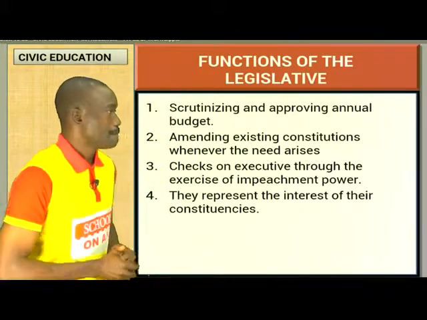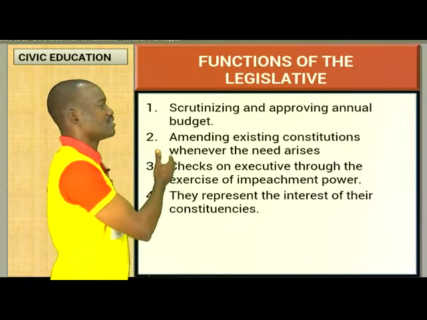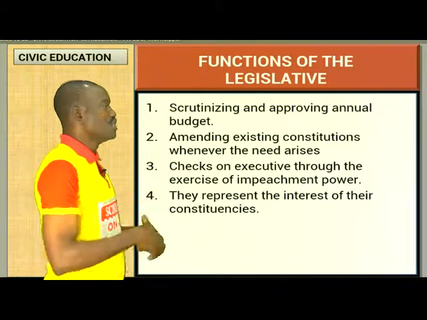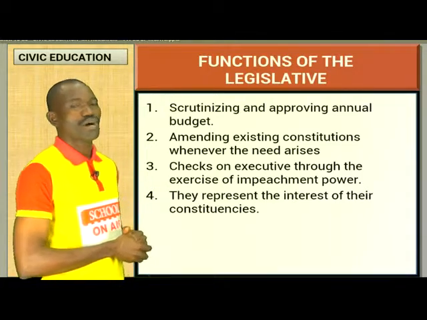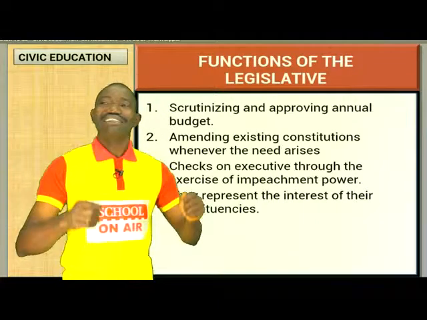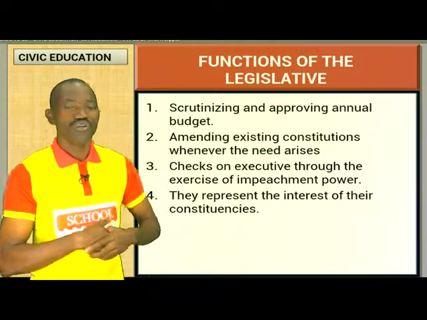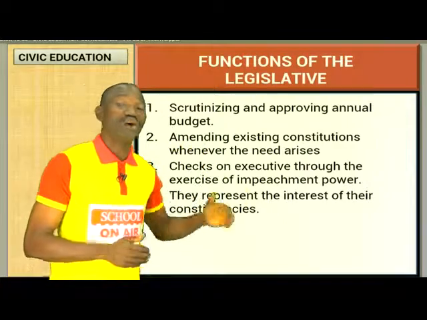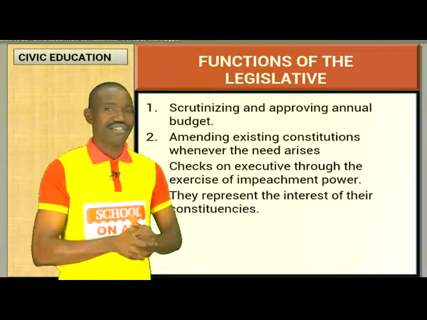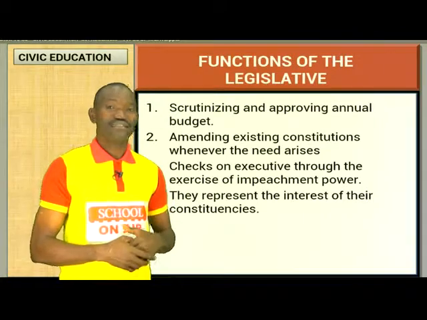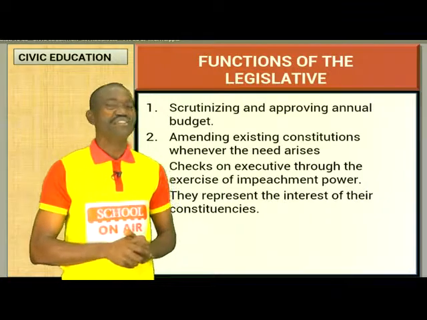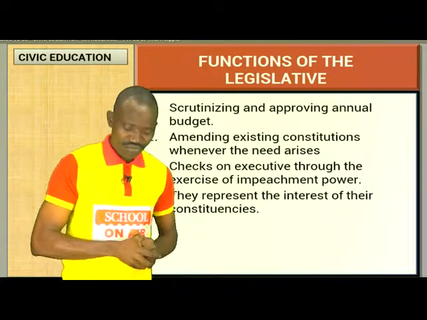Number three, the legislature checks on executive excesses through the exercise of impeachment power. The legislature serves as a check on the excesses of the two other organs of government. And whenever the need arises, the president or the governor may be impeached by the legislature.